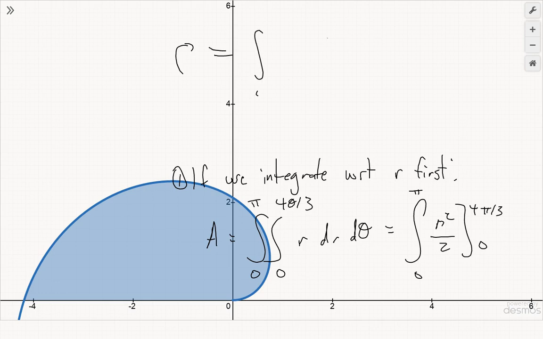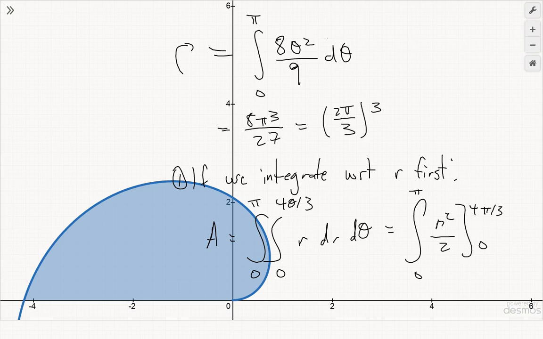And so that's equal to the integral from 0 to pi of 8 theta squared over 9 d theta, which is 8 pi cubed over 27, or we could also write this as 2 pi over 3 cubed.